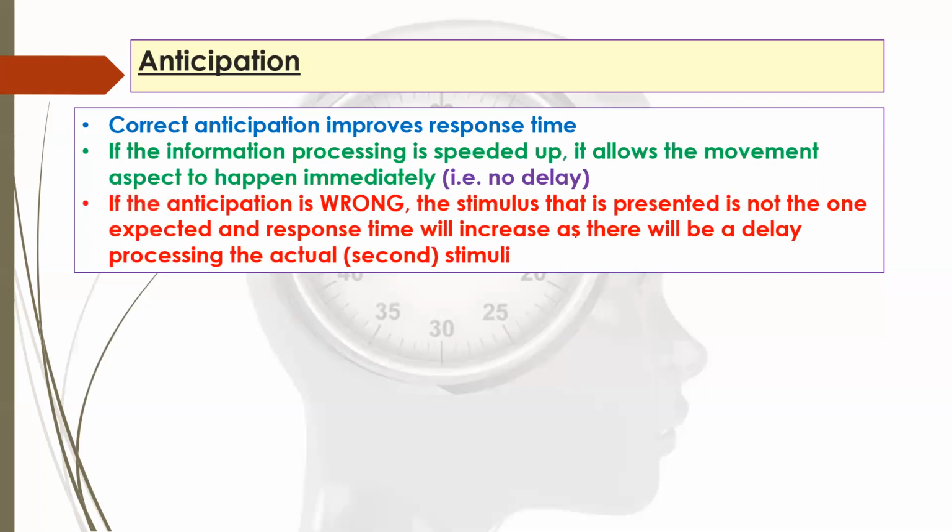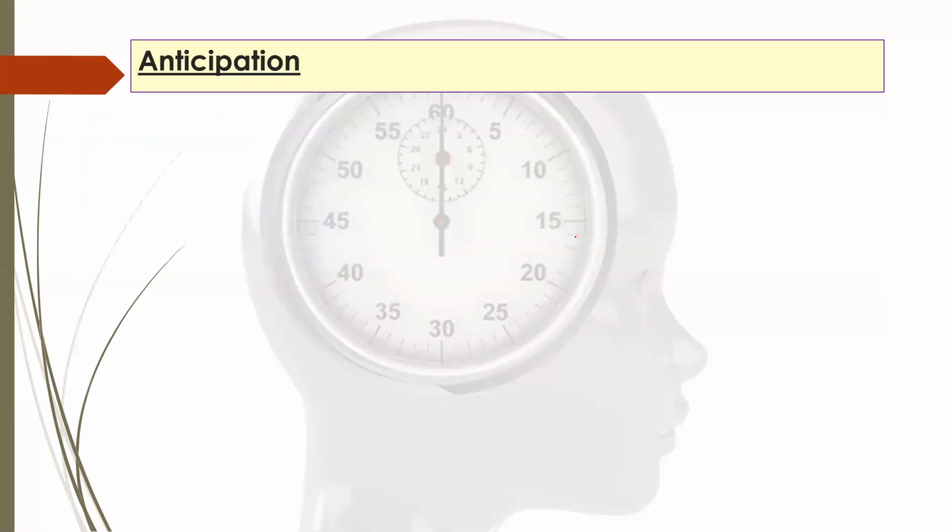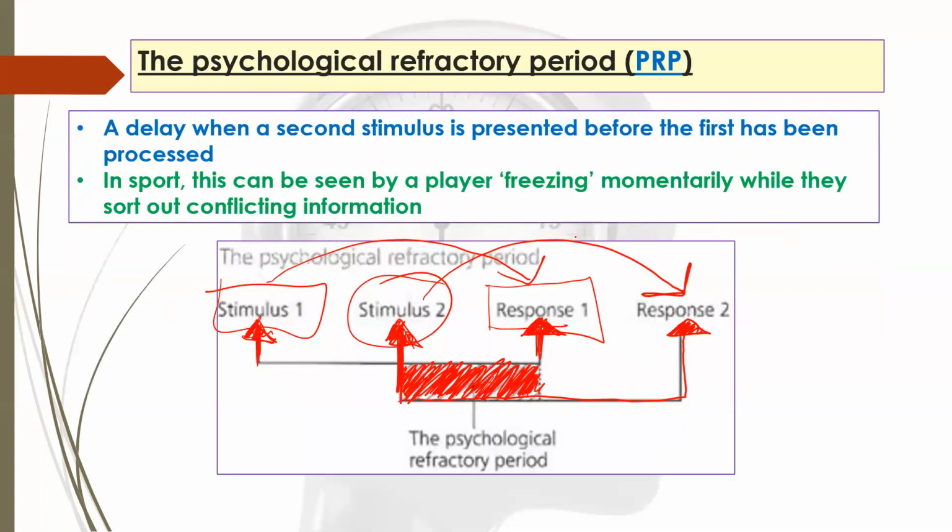However, if the anticipation is wrong, then the stimulus that's presented is not the one that's expected and the response time will increase. So if you get it wrong, if you think it's going to your right, to your forehand in tennis, and it ends up going to the left, that's going to cause a delay because you've essentially invited an additional stimulus in there, and before you can get to the correct one, this idea of the, let's just work it back, psychological refractory period.